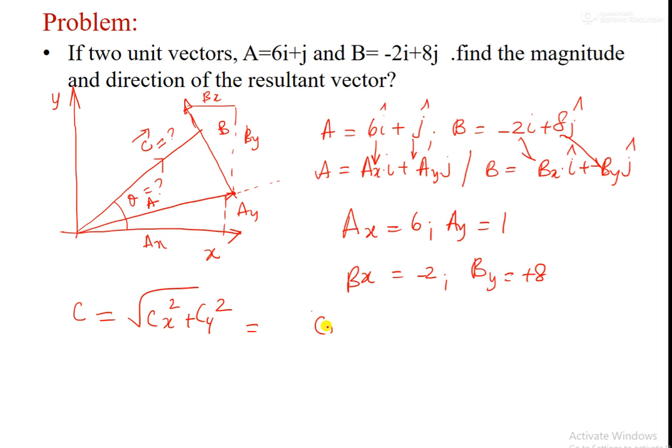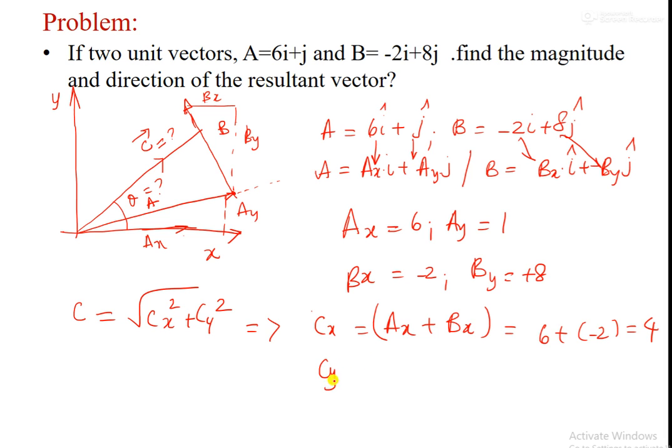Cx is equal to Ax plus Bx, right? As I showed in the previous step, Ax in the direction of i is 2. So here it is equal to 6 plus minus 2, that is equal to 4.